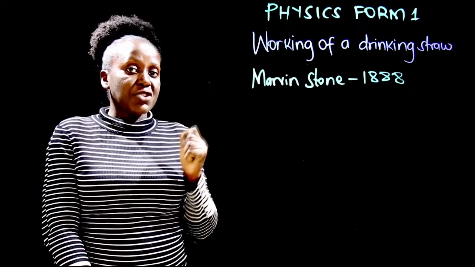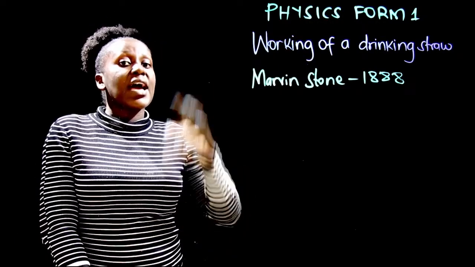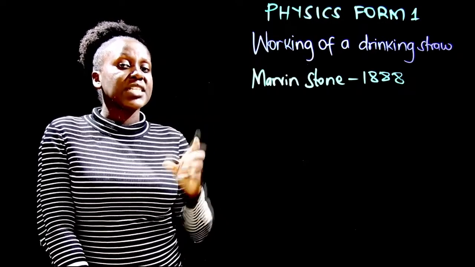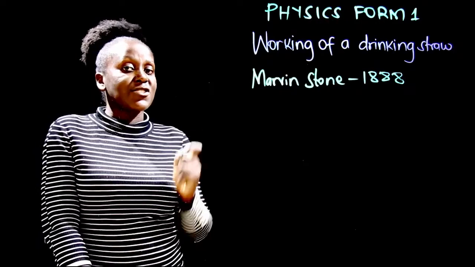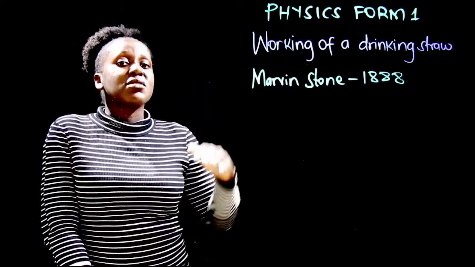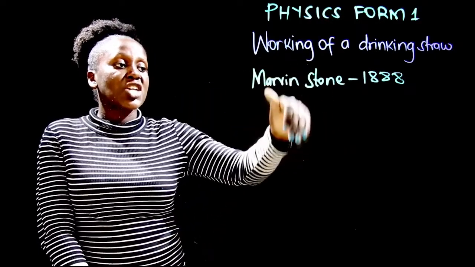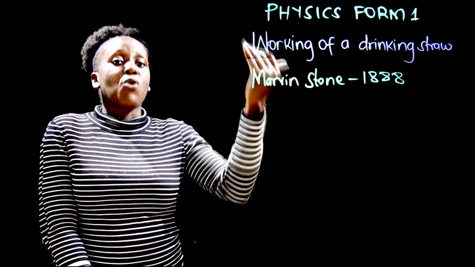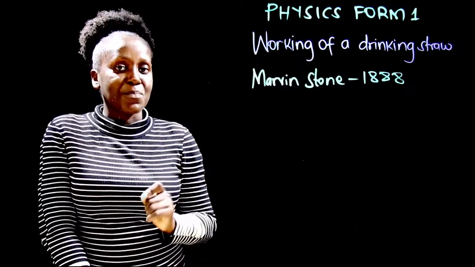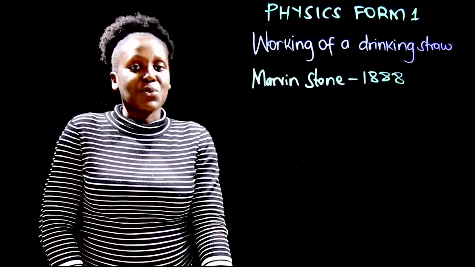When you suck from a drinking straw, you suck out the air, which creates a vacuum inside the straw, and that means that there is less pressure inside the straw. Now the greater atmospheric pressure acting on the surface of the drink pushes the drink upward to you through the straw. And that is how a drinking straw works.